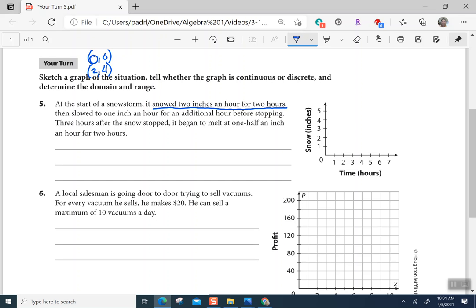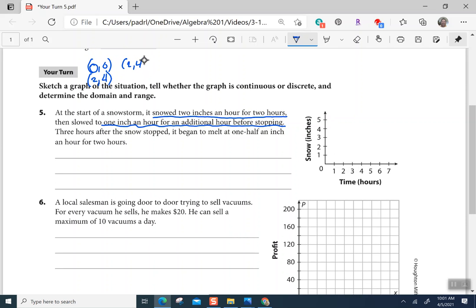Let's see what happened. It slowed down to 1 inch an hour for an additional hour before stopping. Okay, so then our second leg is going to be 2, 4, and then it snowed for 1 additional hour, so that would make this 3. But it was only 1 inch an hour, so this would only go up to 5.